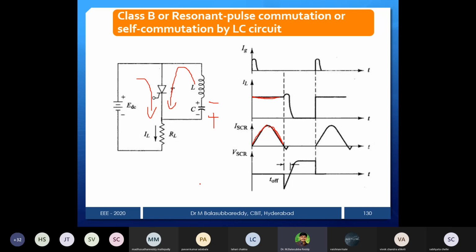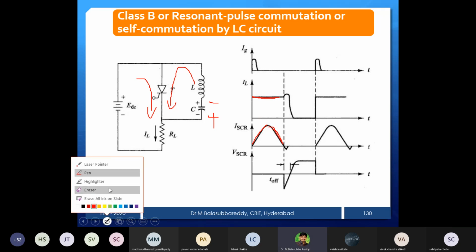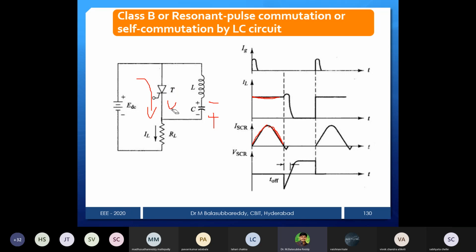Once the capacitor is completely discharged, the capacitor polarities will reverse. Upper plate is minus, lower plate is plus. What is the meaning of that? Then you can see that current is now passing in this direction. This is the current direction.